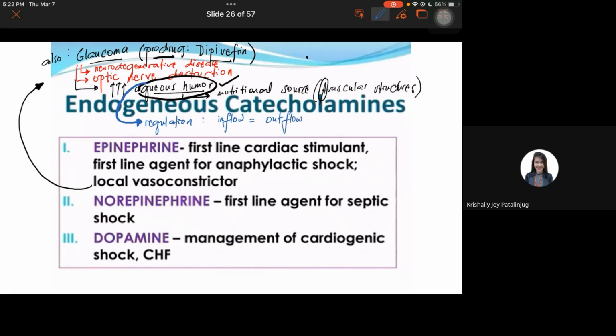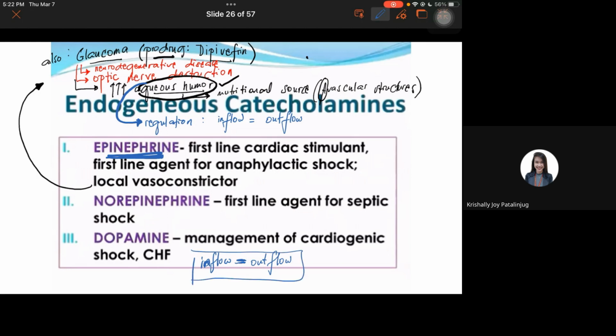Ano ba ibig sabihin ng inflow, outflow? Dito ko na lang ilagay sa baba. Class, I will just give overview lang sa pathophysiology para you will understand later the effect, clinical use ng epinephrine for glaucoma. Okay, so ano ba ibig sabihin ng equality ng inflow, outflow of aqueous humor sa mata?